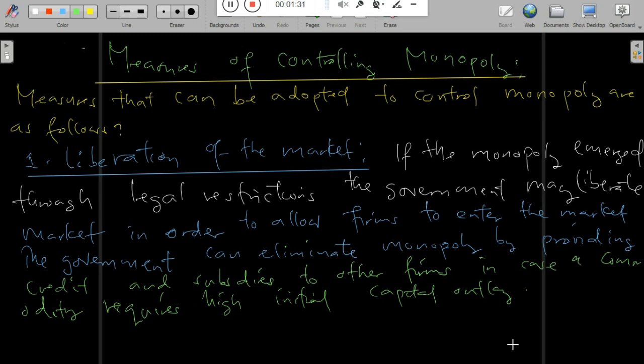Not only that, but also the government can work to eliminate monopoly.